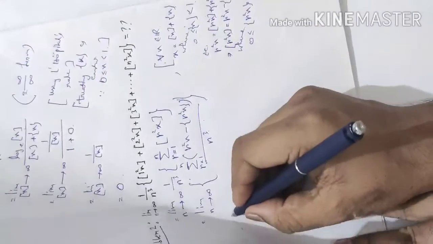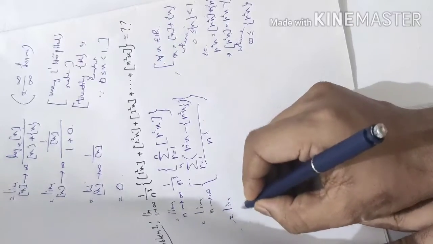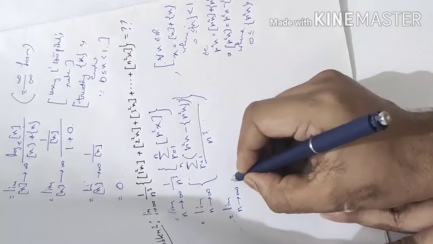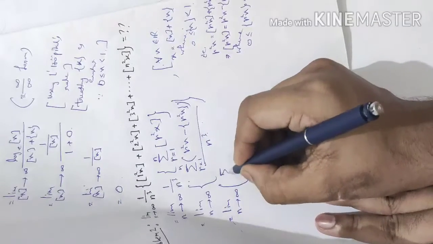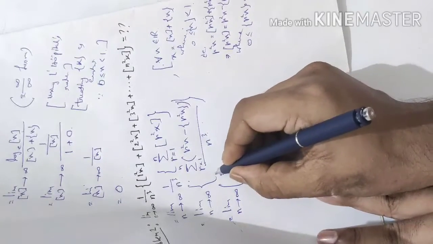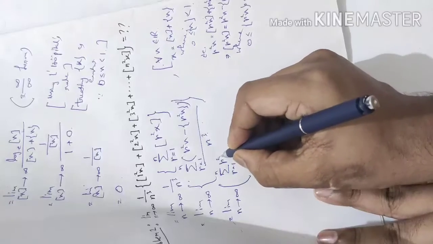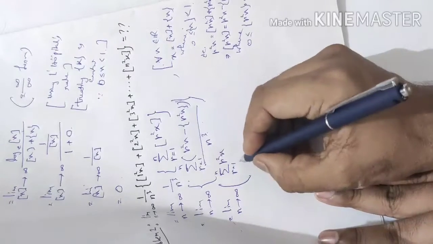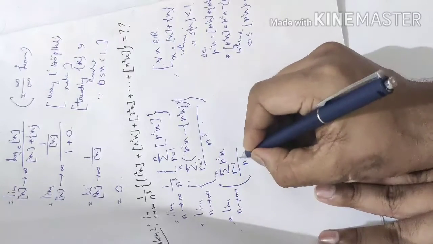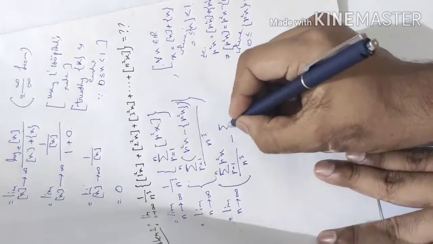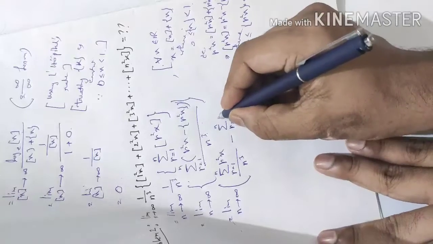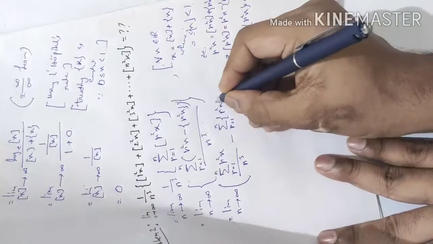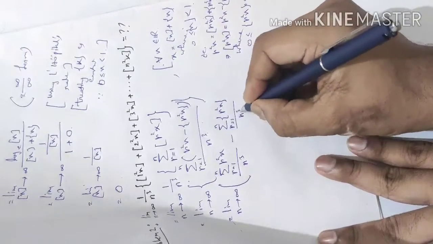Okay, and this can be expressed as limit n tending to infinity of summation r is equal to 1 to n r square x by n cube minus summation r is equal to 1 to n of the fractional part by n cube.